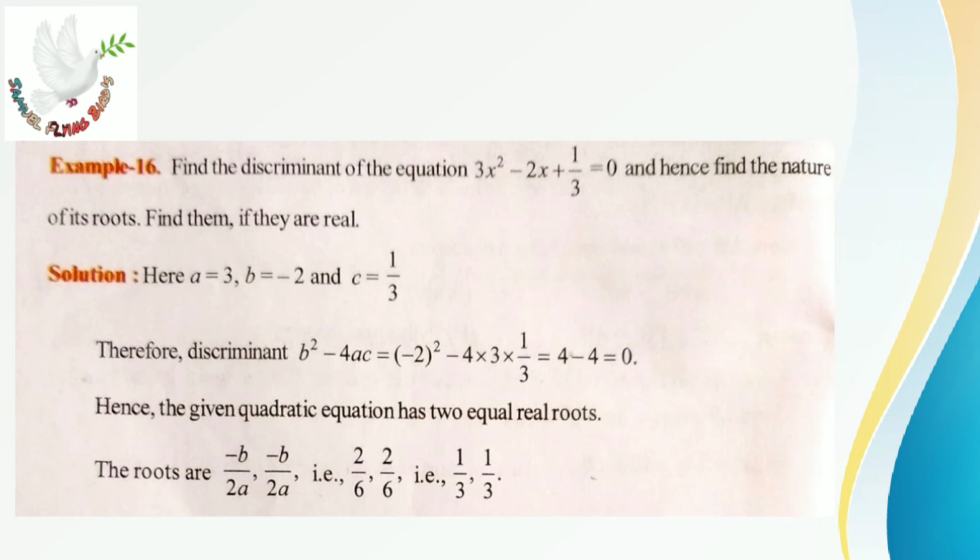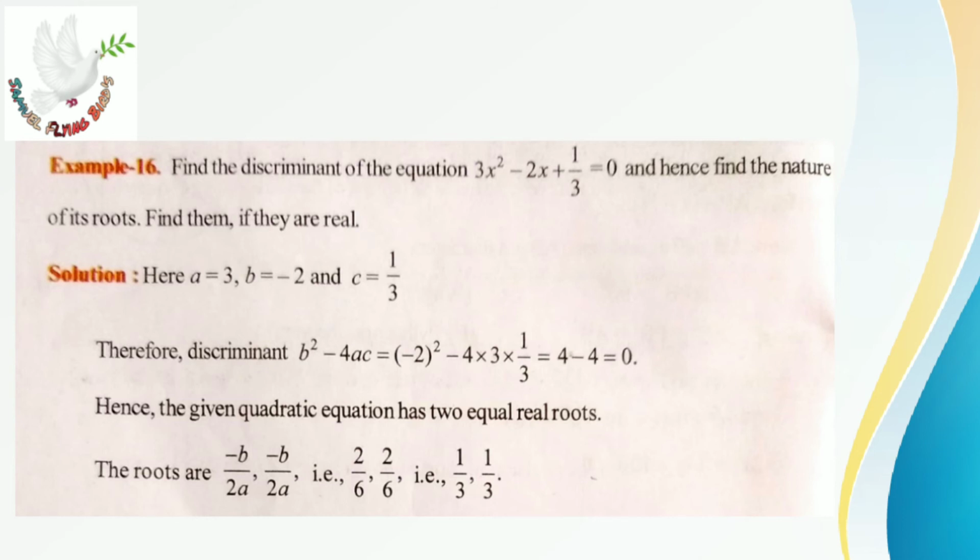By the given condition, we can say that the given quadratic equation has two real equal roots. Now we have to find the roots, because the equation is equal to 0, so we know that there are two roots present in the equation.